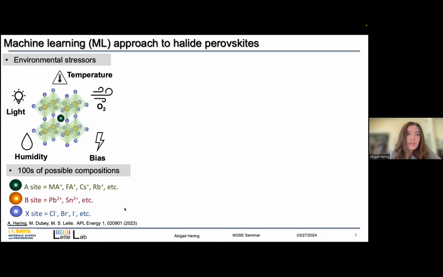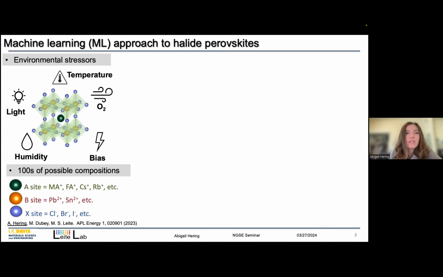Because there's so many possible composition combinations, as well as different degradation pathways, it's very difficult to study these materials experimentally, because each composition might have a different degradation mechanism in response to each stressor or a combination of stressors.